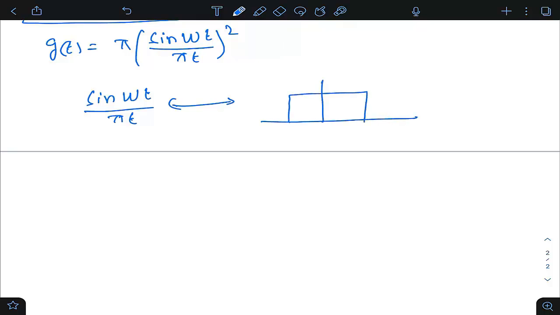It is given by a rectangular pulse of height 1, covering from minus W to plus W on the omega axis.